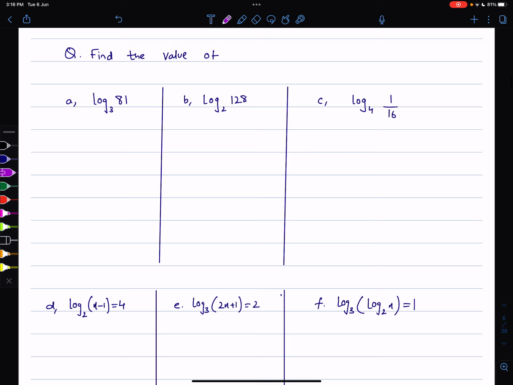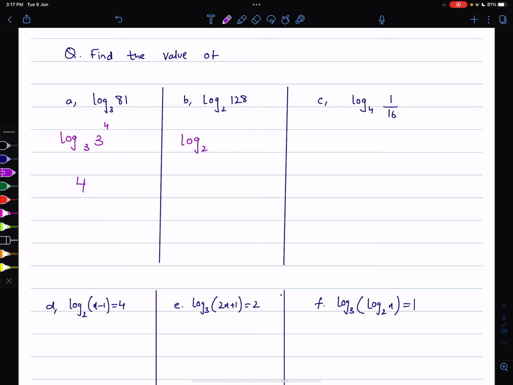Okay. The next question says find the value of log base 3 of 81. So 81 can be expressed as 3 to the power of 4. So log to the base 3 of 3 to the power 4 is simply going to be equal to 4.